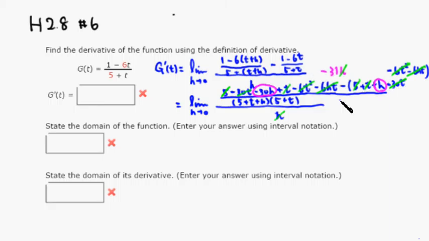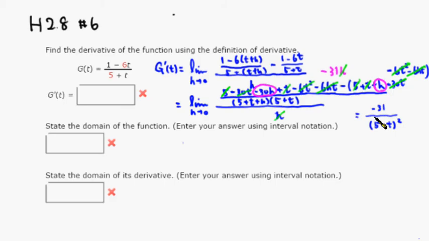So this is going to be equal to negative 31 over, since h goes to 0, 5 plus t times 5 plus t, so the quantity 5 plus t squared.